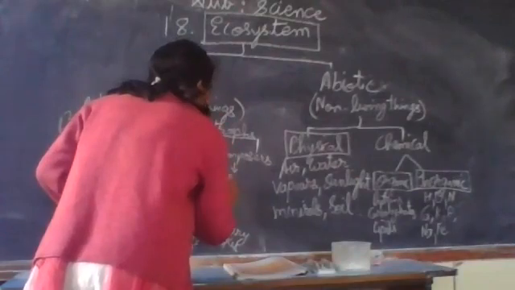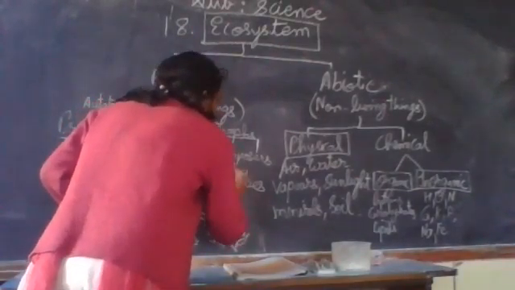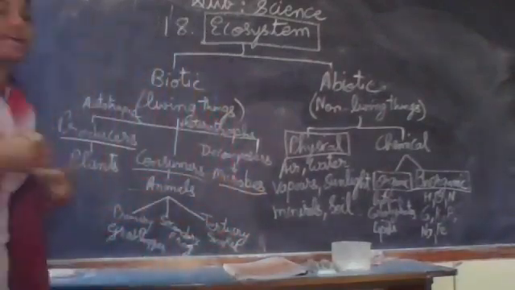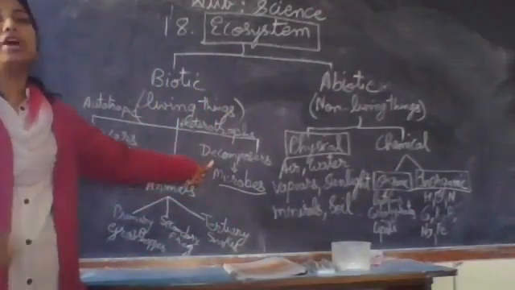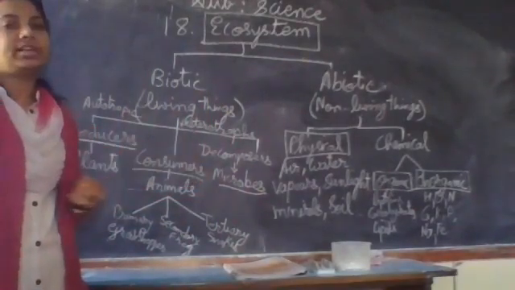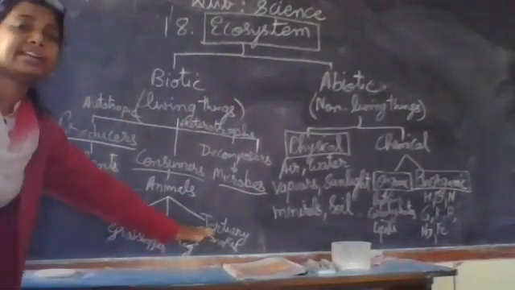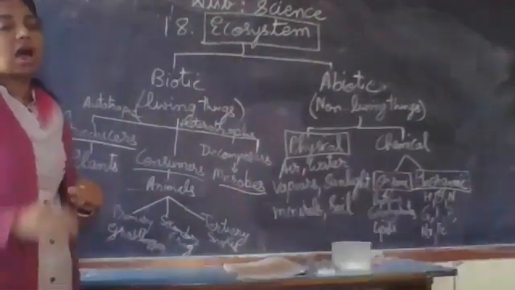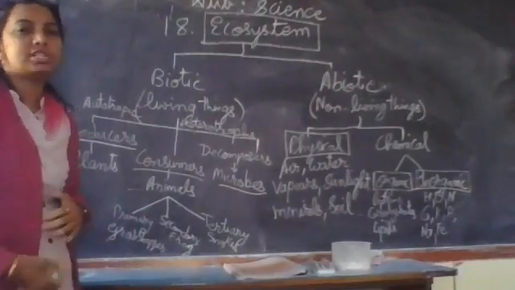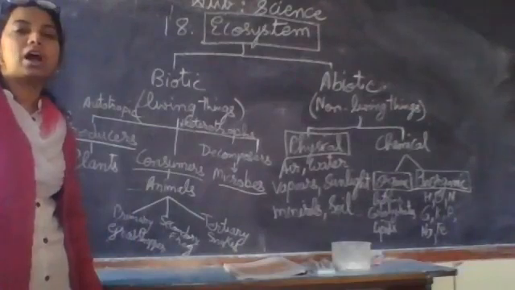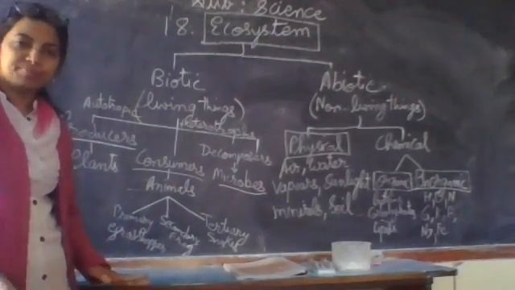So producers, consumers, and finally we come to decomposers. Decomposers actually include microbes. All types of microorganisms like bacteria and fungi come under the category of decomposers. What do they do? The dead bodies of producers and any type of consumers, after their death, are decomposed by these bacteria so that everything goes back to nature.